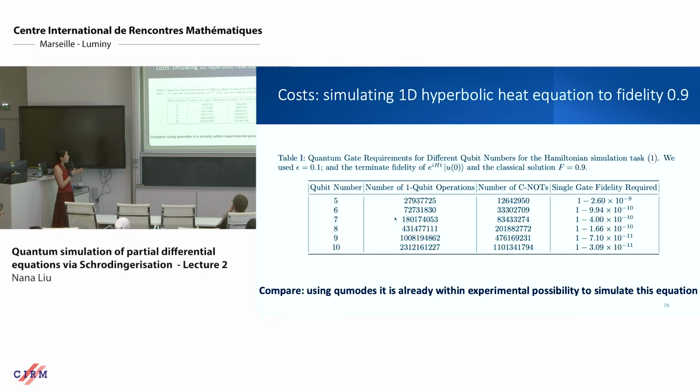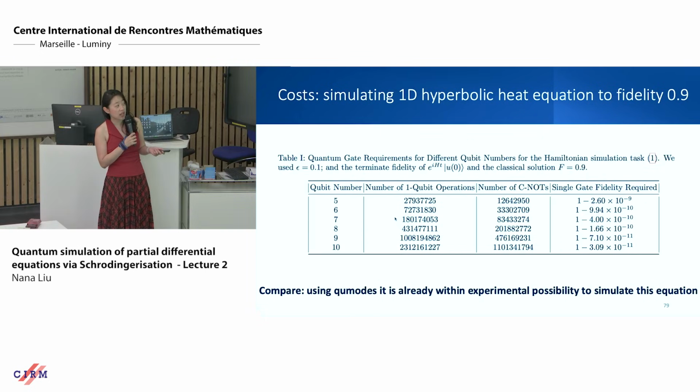Now for the one-dimensional hyperbolic heat equation, we mentioned that we have experiments running right now that we hope to simulate with superconducting systems. But if you want to simulate to 0.9 fidelity, again with qubit-based systems using the discretization schemes, these are the numbers that you need.